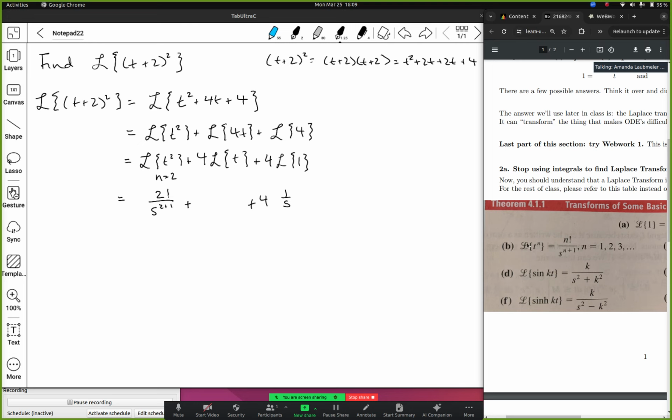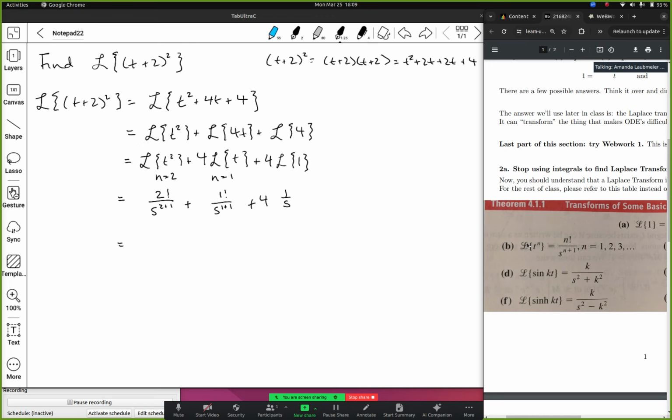And then I'm going to do the same thing here with L of t. In this case, n is 1. T is the same as t to the power 1. And so I'm going to have 1 factorial over s to the 1 plus 1, applying that formula again.